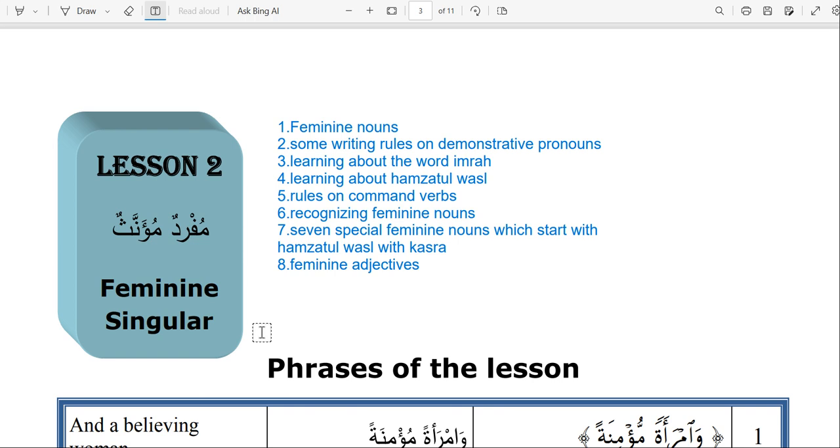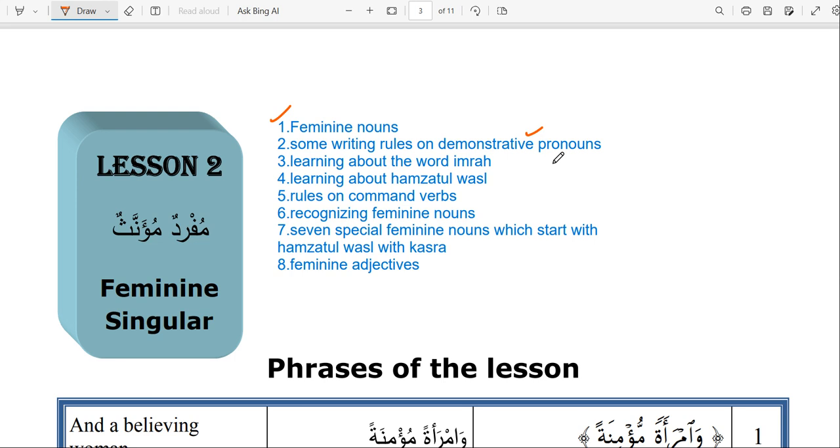Now we see lesson number 2 and what it has here. We will be learning about the feminine nouns and some writing rules on demonstrative pronouns. This is actually not about rules, but about the difference of script.